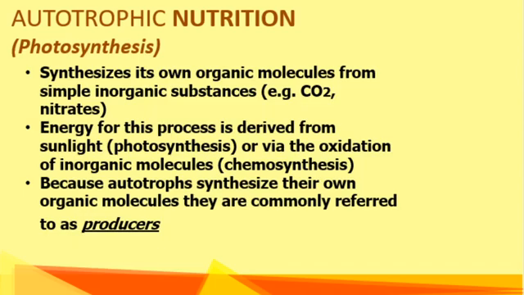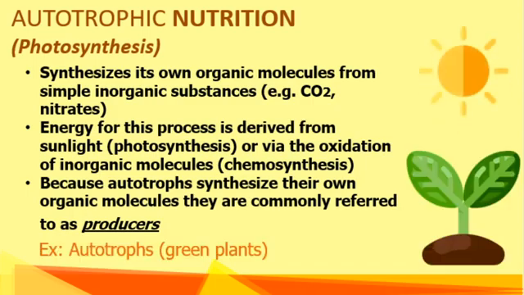Can you give me an example of a photosynthetic organism? An example of autotrophs are green plants, just like what we can see in this picture. How about the other process, chemosynthesis?